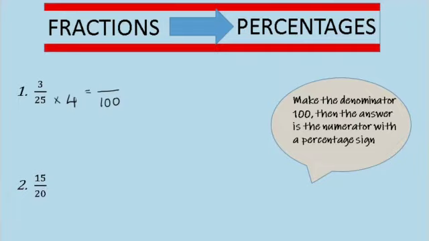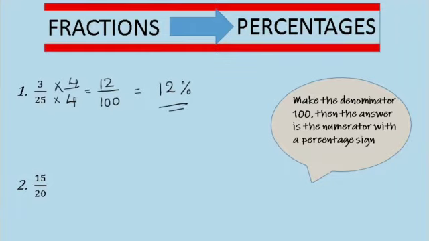You need to multiply the same number in the numerator also. So 3 times 4 gives us 12. Whenever you have 100 in the denominator, you can directly change that into a percentage sign. 3 over 25 can be written as 12%.